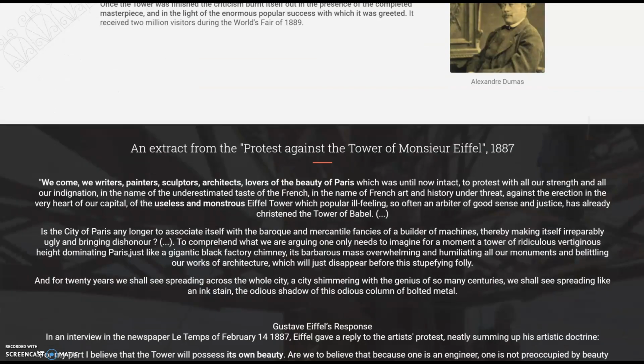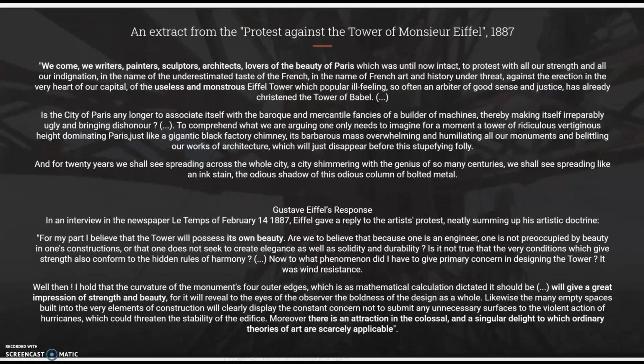And this last little section here is a really interesting discussion about some of the understanding that leads to the development of modernism. So Eiffel says this: I believe the tower will possess its own beauty, and that an engineer is equally concerned with beauty as an artist, and the link between elegance and harmony with durability and construction.